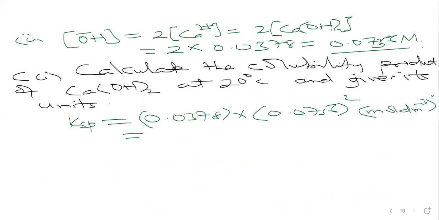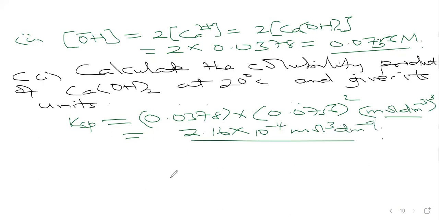I think this is cubed, because this one is moles per liter, this is moles per liter squared. So it's the whole of moles per liter cubed. The answer here will be 2.16 times 10 power -4 mole cubed dm -9. Are we together? Yes, teacher. Perfect.